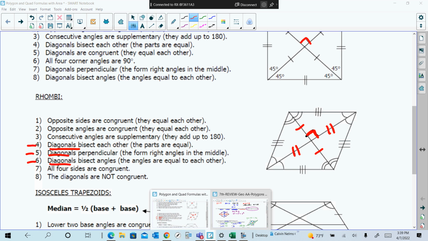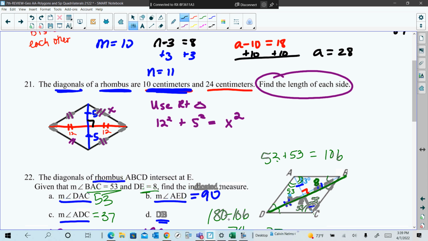So when I'm doing this problem, I'm given the diagonals. I should know that they bisect each other, so that's why I have 5 and 5, 12 and 12, and then we have that right triangle, and we can use the Pythagorean theorem. When you work this out, you get 144 and 25 equals x squared, which comes out to be 169 equals x squared, and then when you take the square root, this comes out to be a perfect square here.